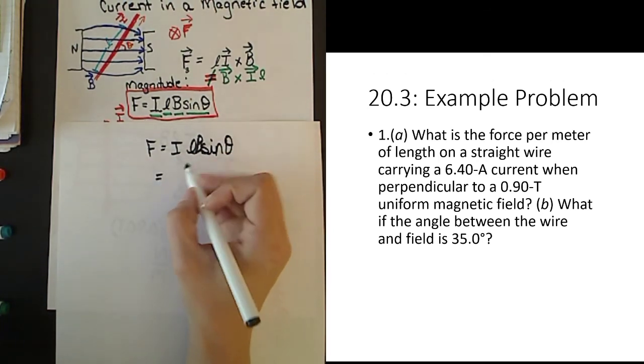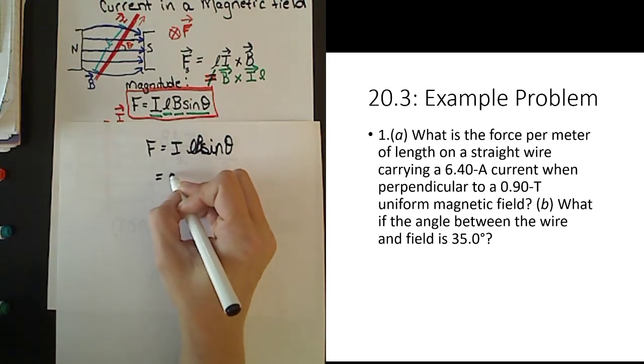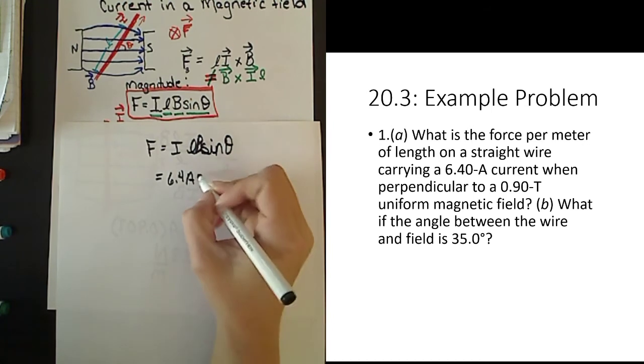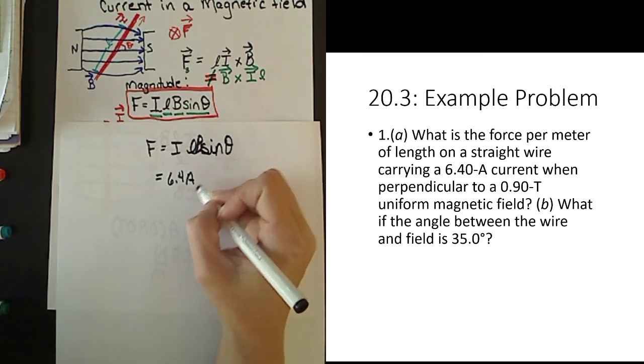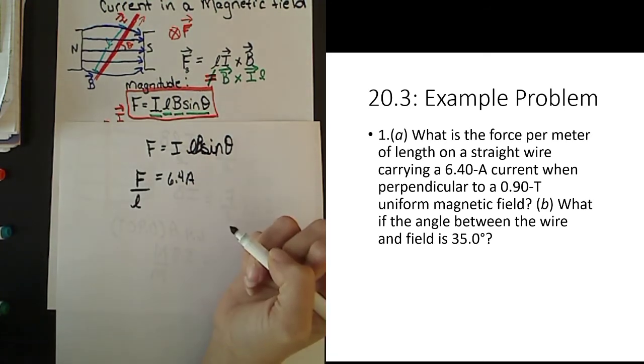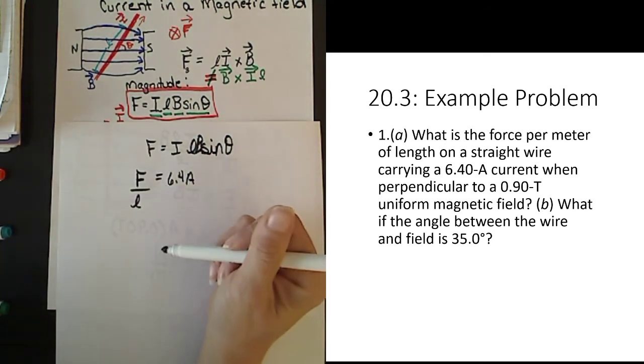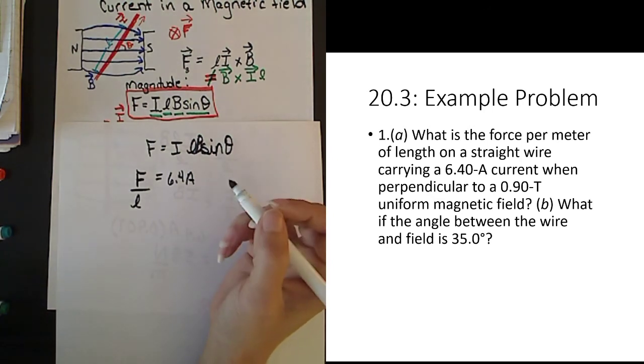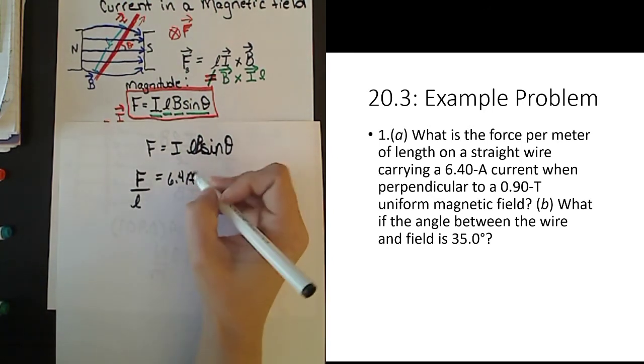So same procedure, we have 6.4 amp current, and we're dividing out by the length of the wire, which will give us force per unit meter of length of a straight wire.